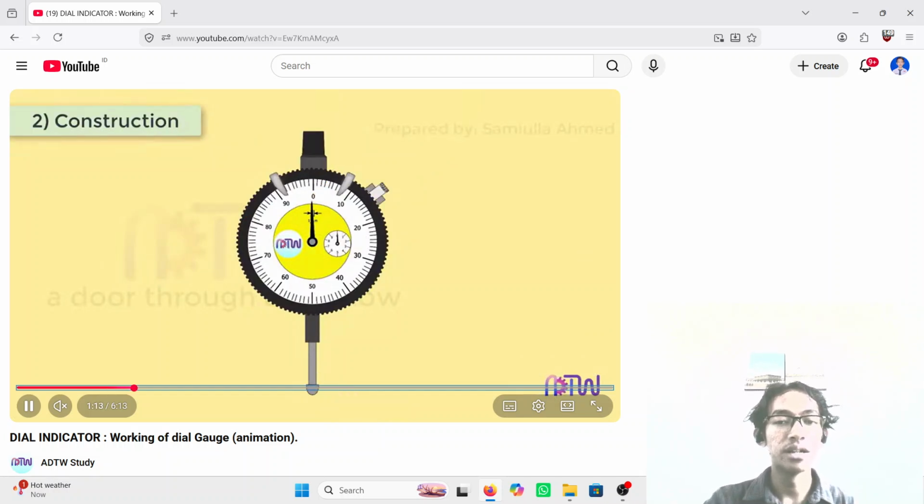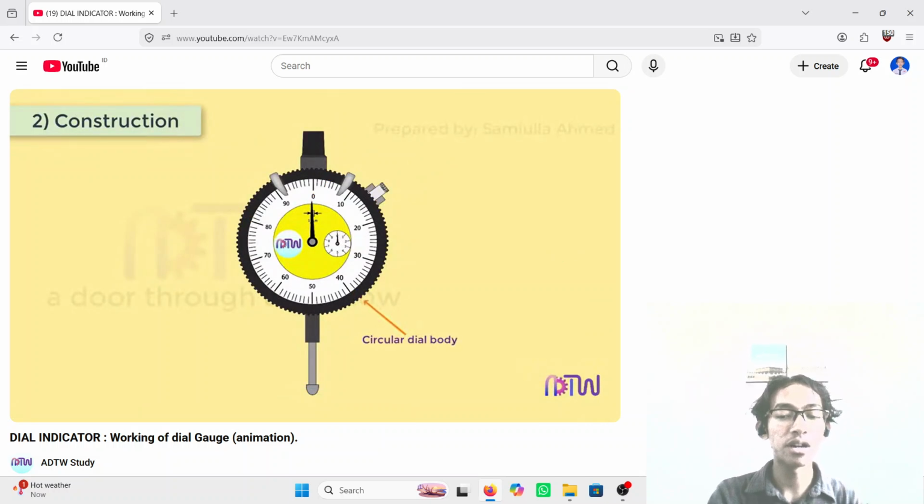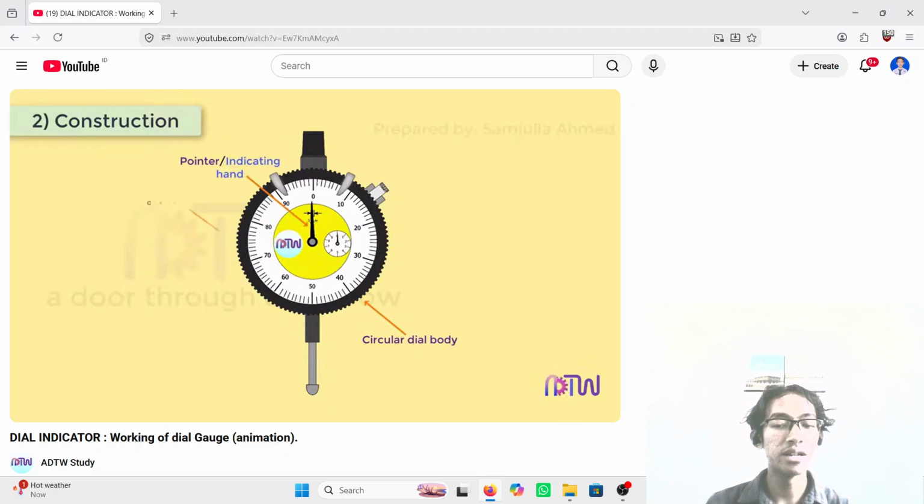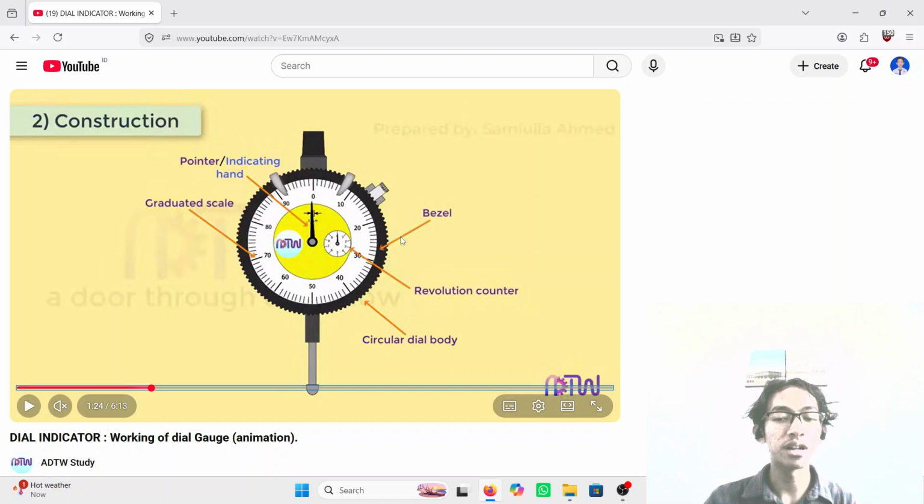Okay, the second is we are going to talk about the construction of a dial indicator. To understand its functions, we need to break down its construction into external and internal components.